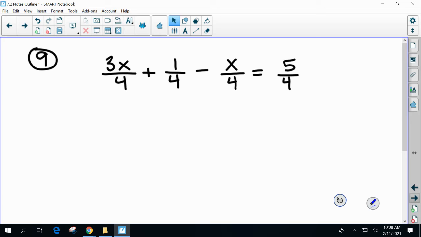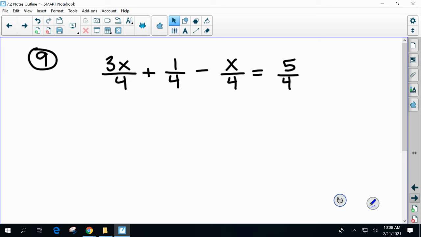Okay, the next two look totally different. So number 9, everything is a fraction. But what is the common denominator? 4. So the good news is if you multiply everything by the common denominator, you are generally going to get rid of all of your fractions.